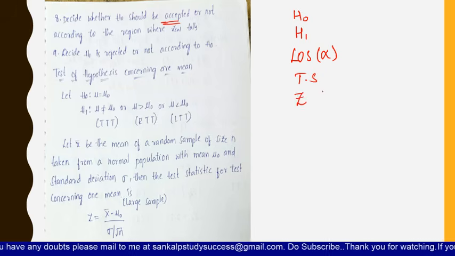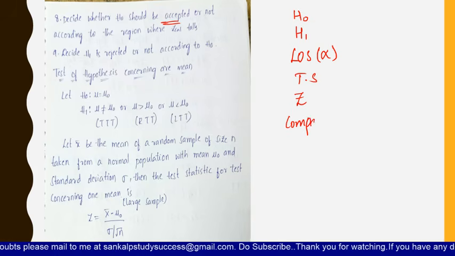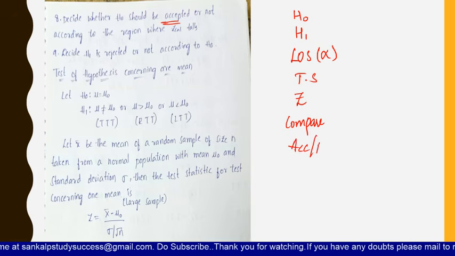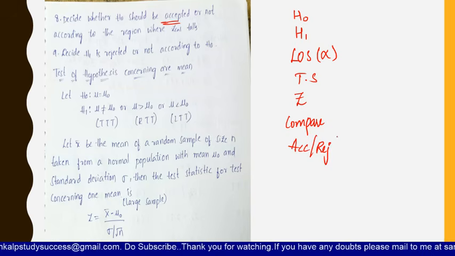First we need to find the calculated Z value, then we compare it with the tabulated Z value. At the last, we decide whether the null hypothesis is accepted or rejected. Now let us see how all these steps work.